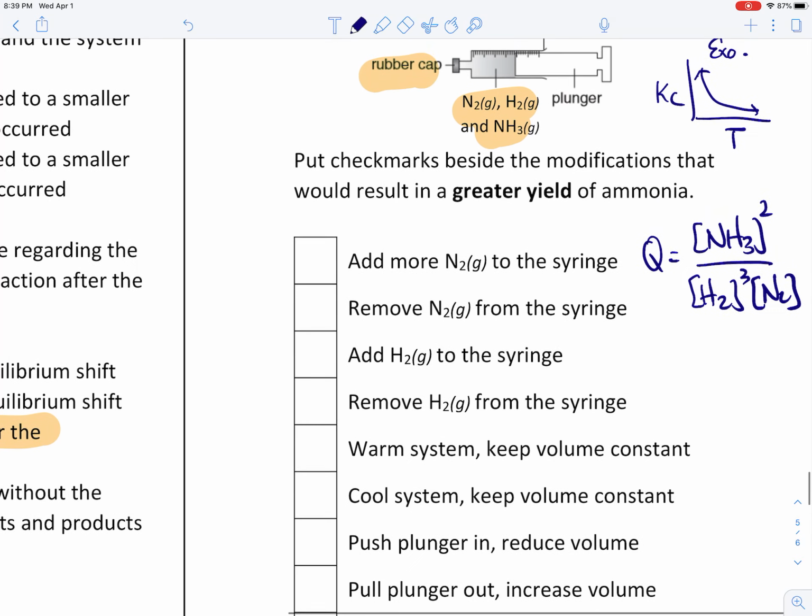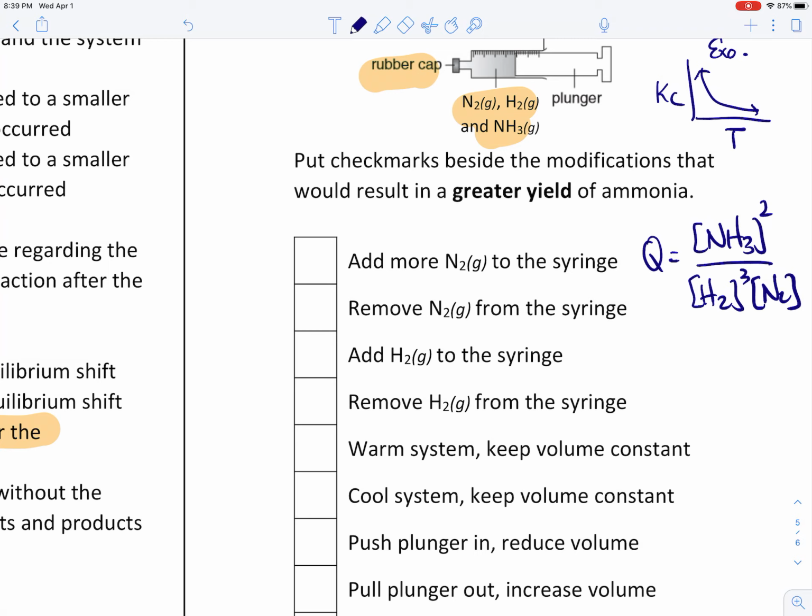So with the Q expression and the graph for Kc and temperature, see if you can figure out which of these changes would cause a greater yield of ammonia. In other words, a forward shift in equilibrium. So the first two choices, we have to decide whether we should add or remove nitrogen.